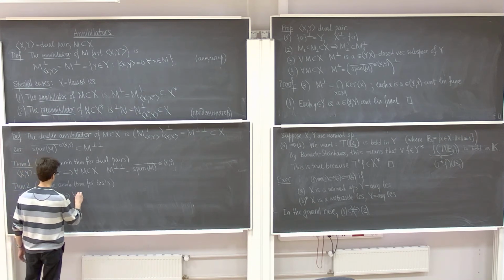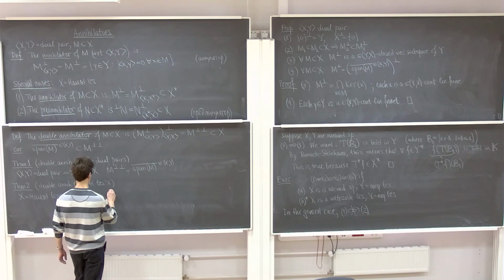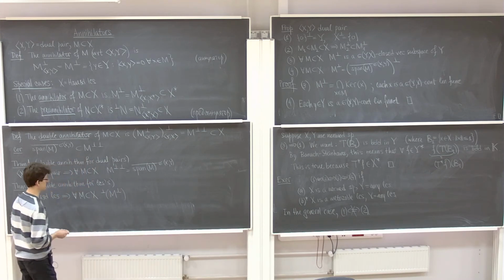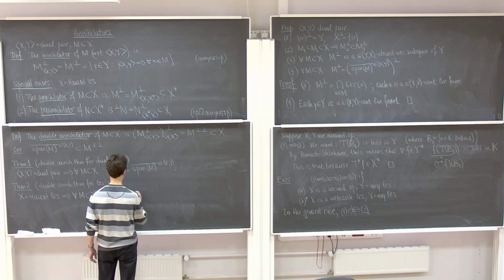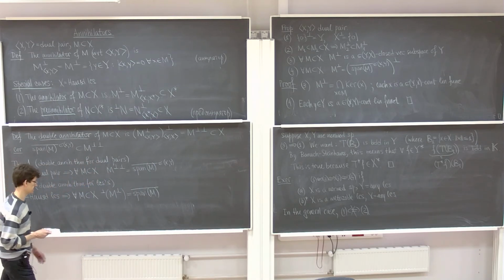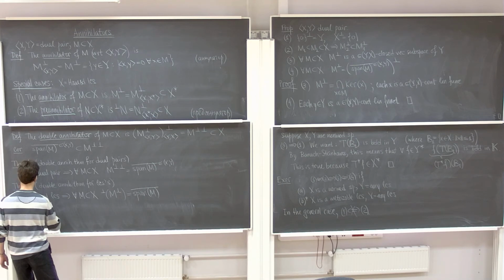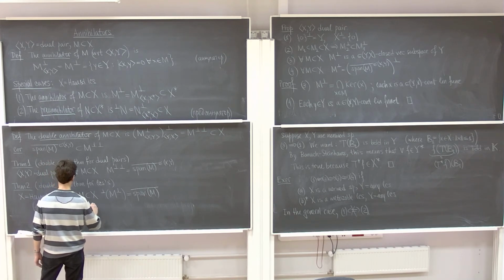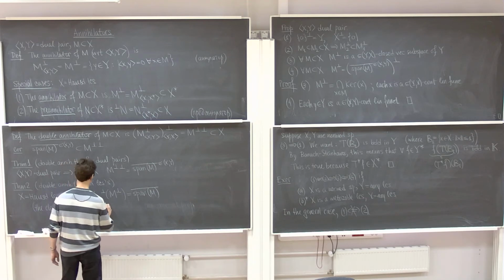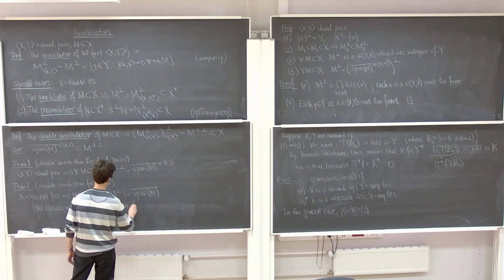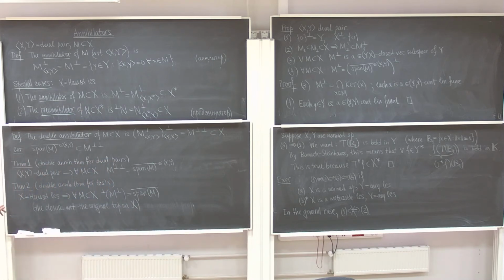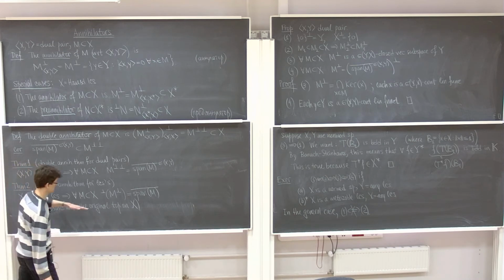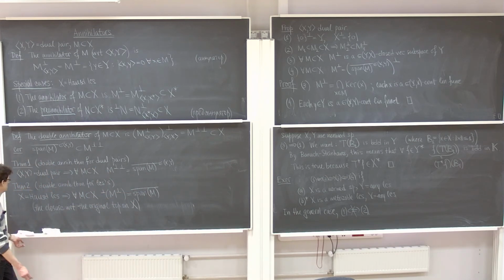I claim that for each subset M of X, the double annihilator, or equivalently the pre-annihilator of the annihilator of M, is the closure of the linear span, where the closure is taken with respect to the original topology on X. So this is not a special case of theorem 1, because we take not the weak closure, but the closure with respect to the original topology.